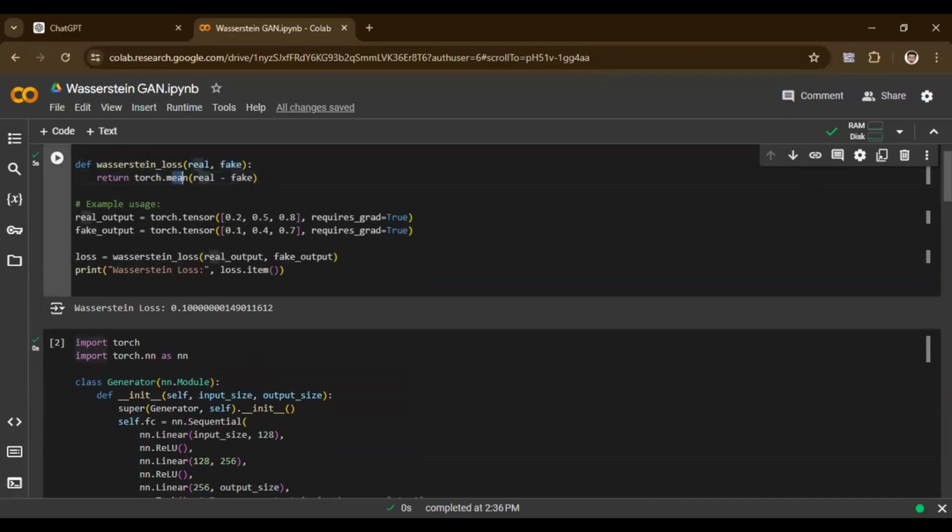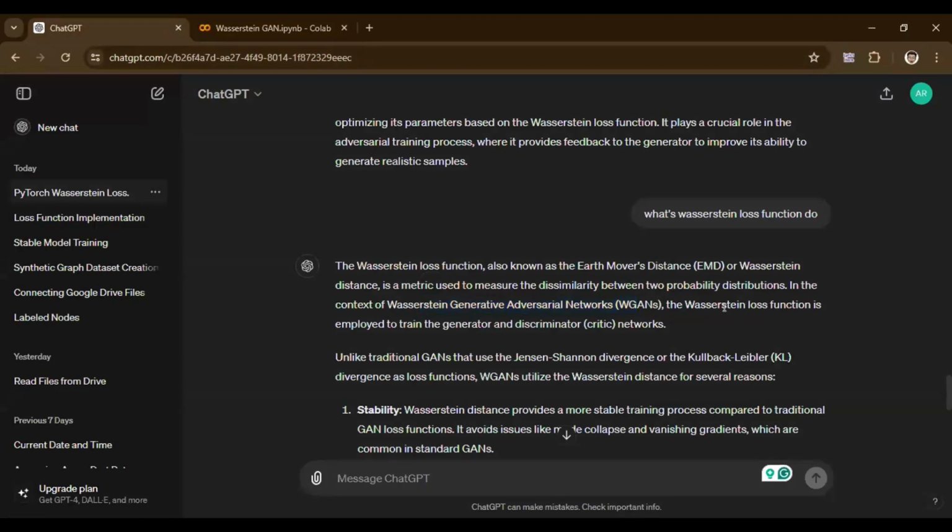And if it's higher, that means the difference between the probability distributions is higher.